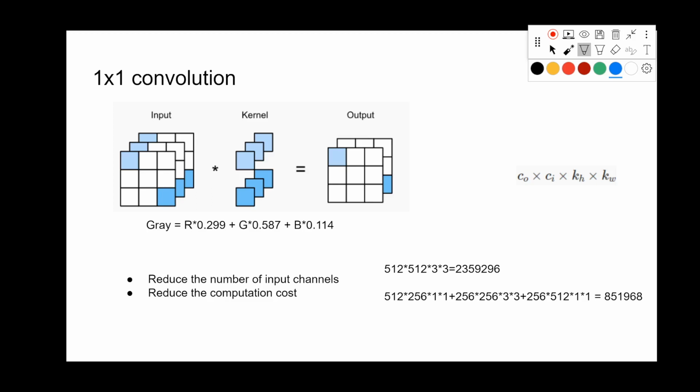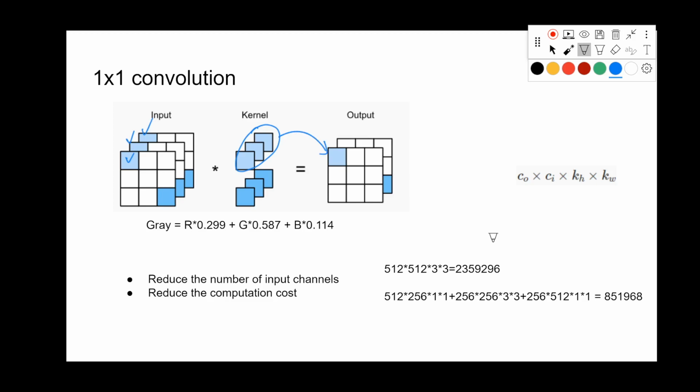For example, here we have one set of one-by-one CNN kernels. We take the three pixels from each of the channels, and then we take a weighted sum of all those pixels to produce the output.